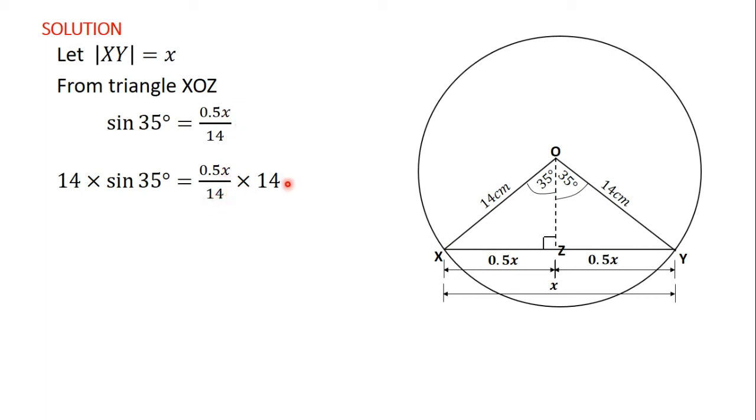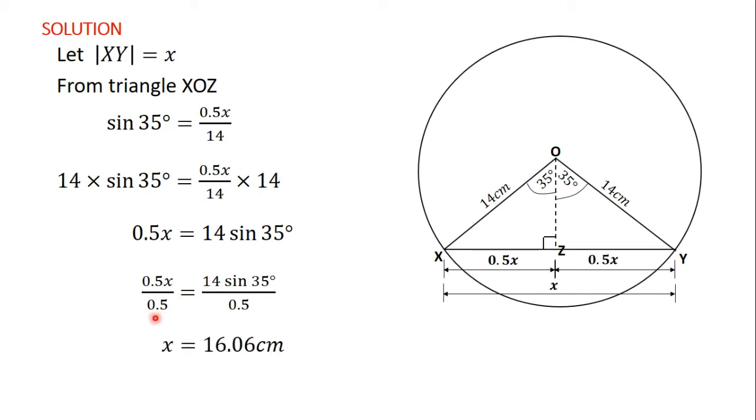So 14 will cancel 14. This will give us 0.5x is equal to 14 sine 35. I will divide both sides by 0.5. So you have x equal to 14 sine 35 degrees divided by 0.5. And when you find this on your calculator, you have 16.06 centimeters.